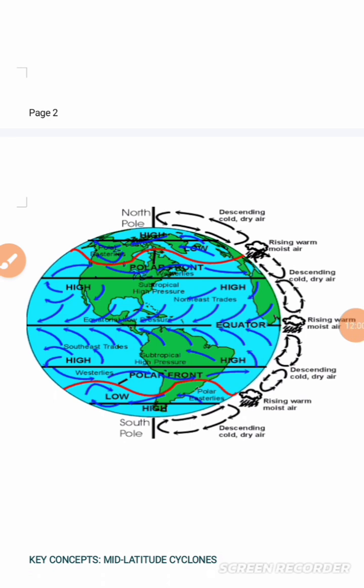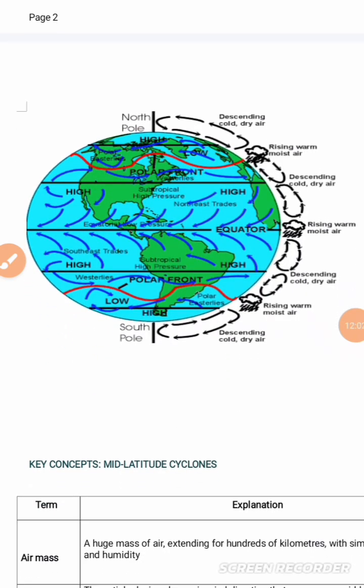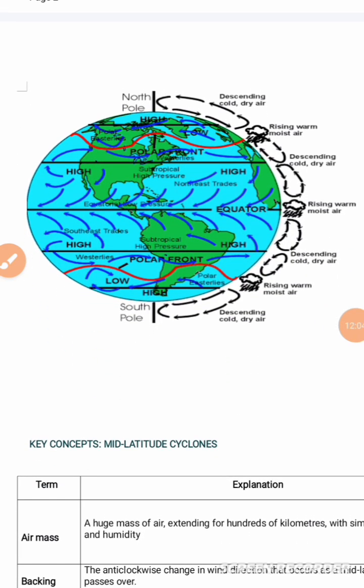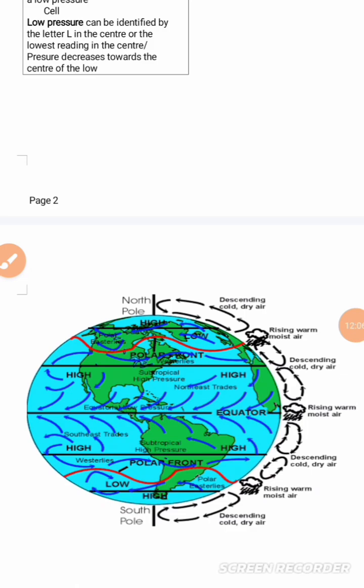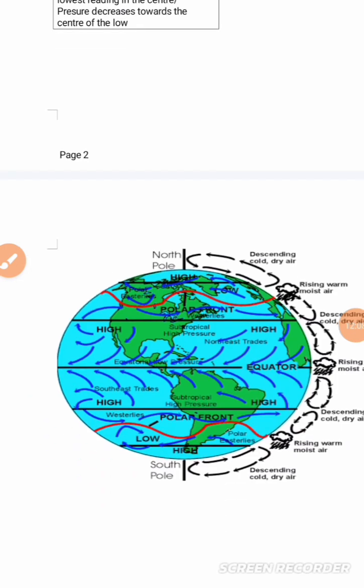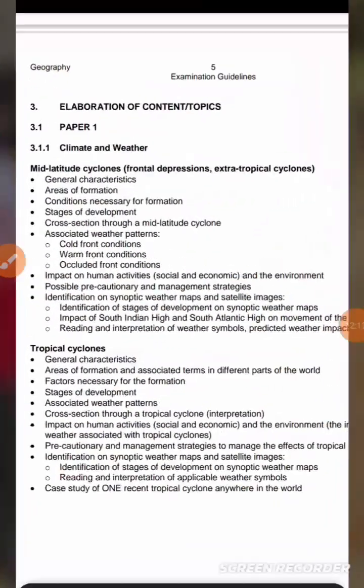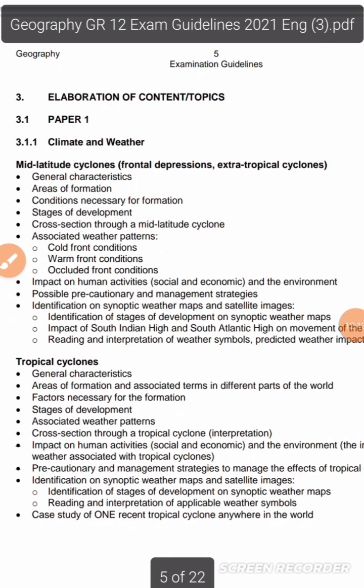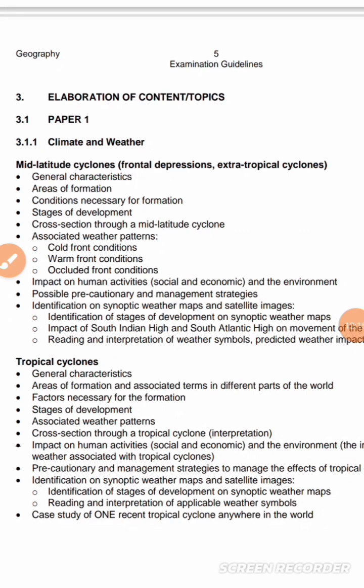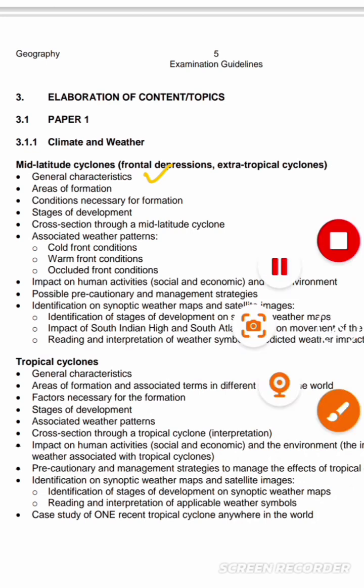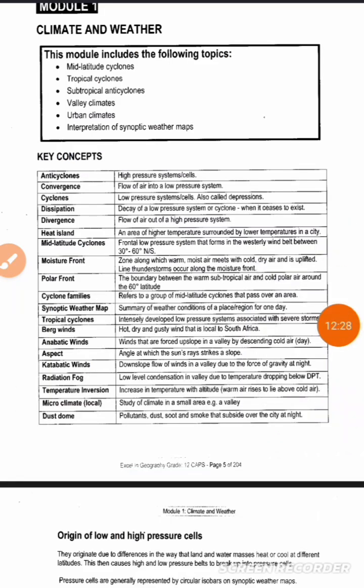So we are done with the general characteristics of the mid-latitude cyclone. Let's move on. This is what I was talking about.